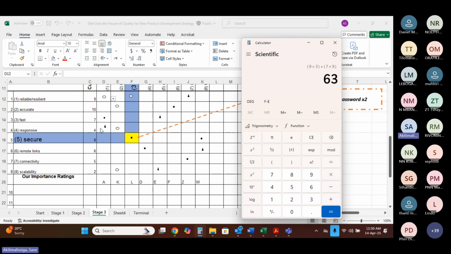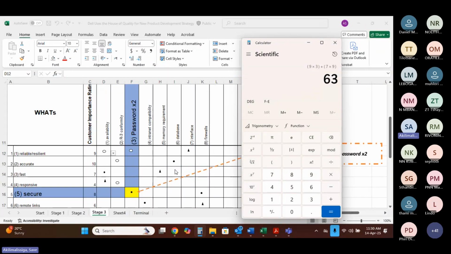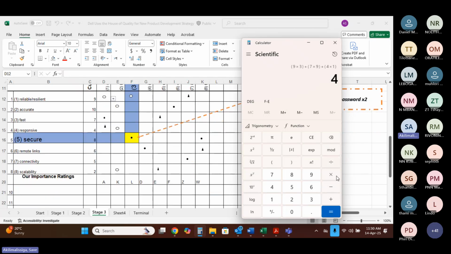We're going to move on to the next one, which is this one. Here we're going to have 4 times the number associated with the symbol. According to our legend, the number associated with the symbol is 1. Therefore, you have 4 times 1, plus 4 times 1. And that's it. Now we just need to sum up.